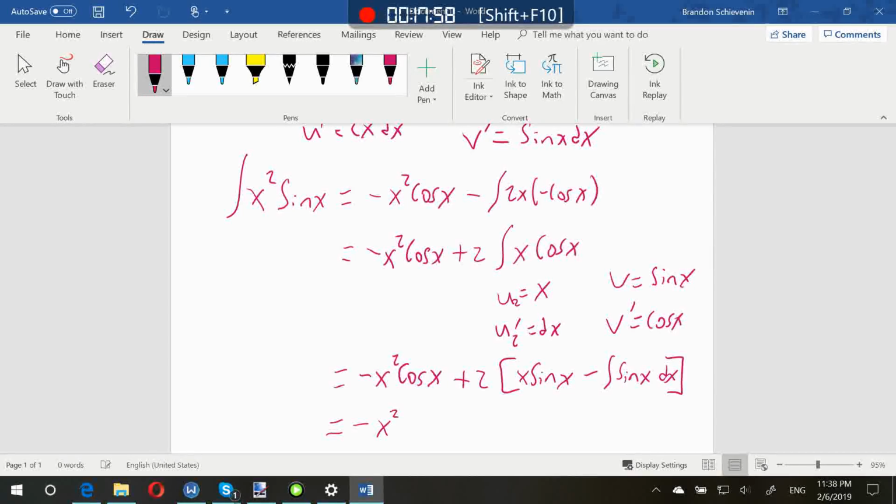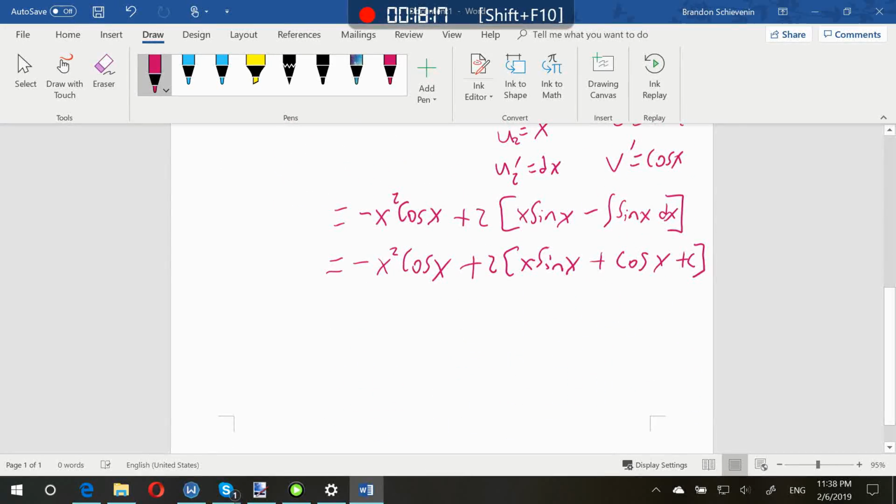So that gives me negative x squared cosine x plus 2 times x sine x minus negative cosine. So that's plus cosine x plus c. And then I'm going to distribute the 2. So I'll have negative x squared cosine x plus 2x sine x plus 2 cosine x plus c.